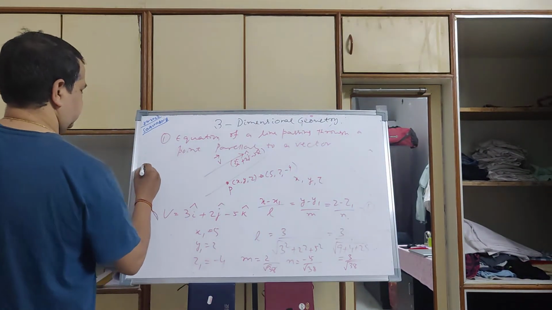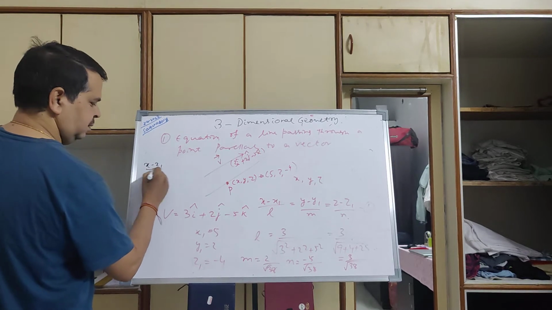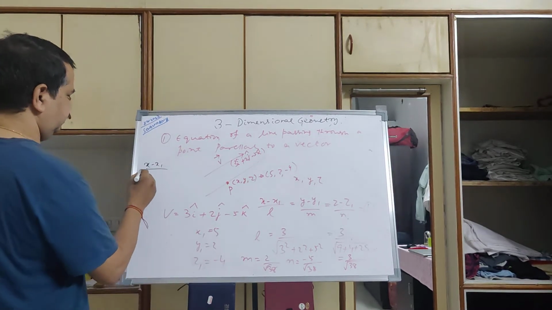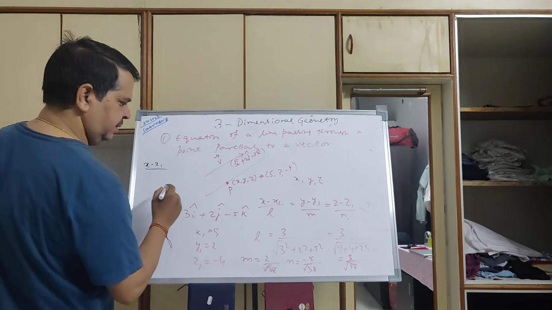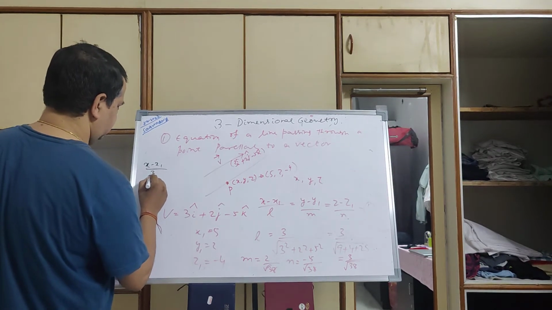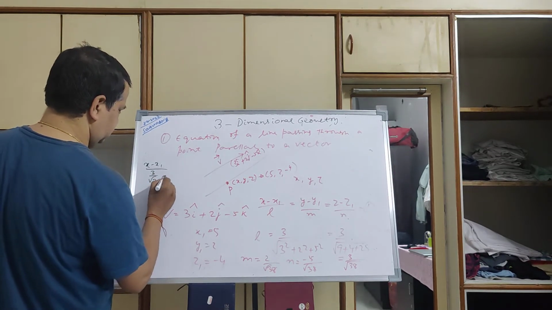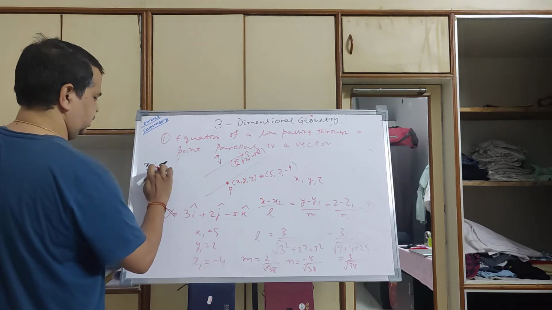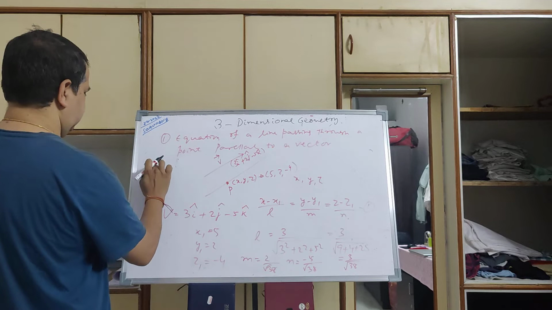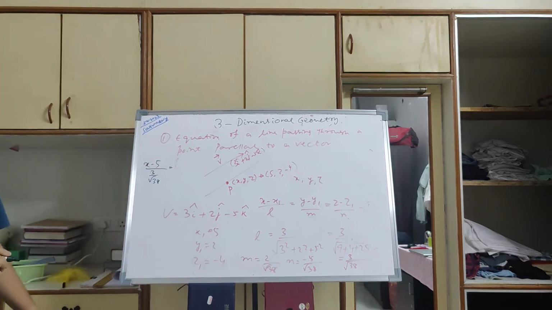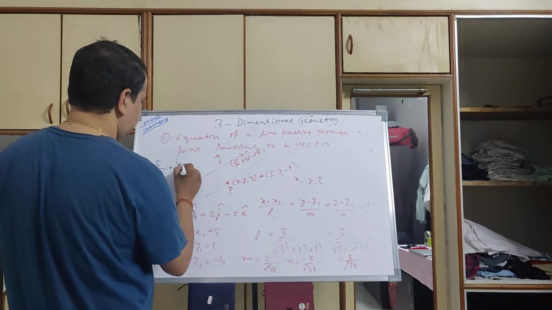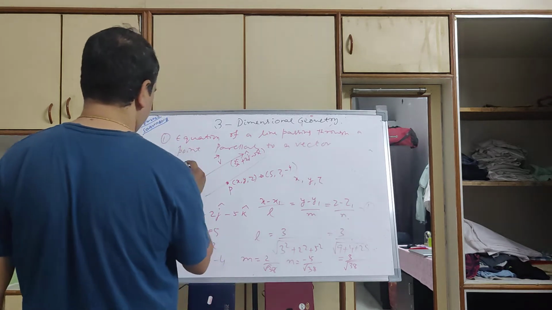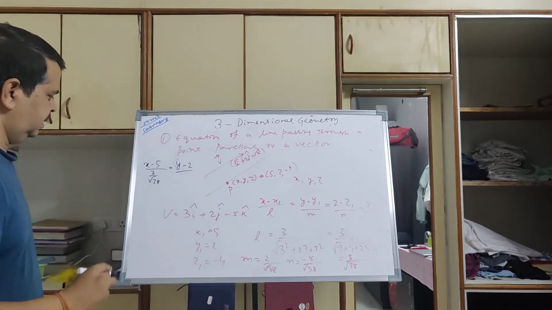So this becomes x minus x1 by L, which is minus 3 by root 38, right? Then y minus y1. This x1 I have already found out as 5, and y1 I have found out as 2, right?